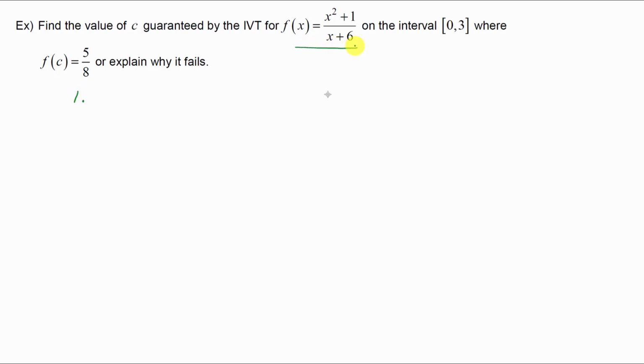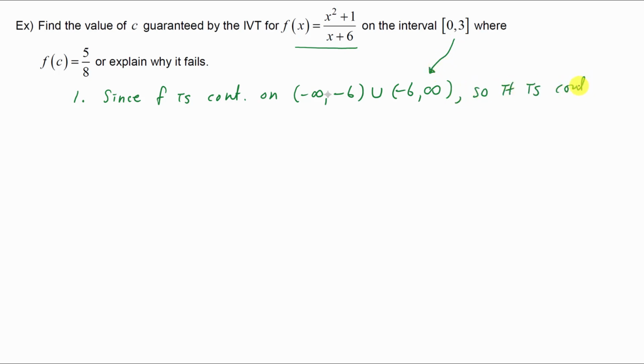This is a rational function, and a rational function is continuous on all real numbers except negative 6 in this case. So you can say that since f is continuous on negative infinity to negative 6 union negative 6 to infinity, and the closed interval 0 to 3 is in here, it is continuous on the closed interval 0 to 3.